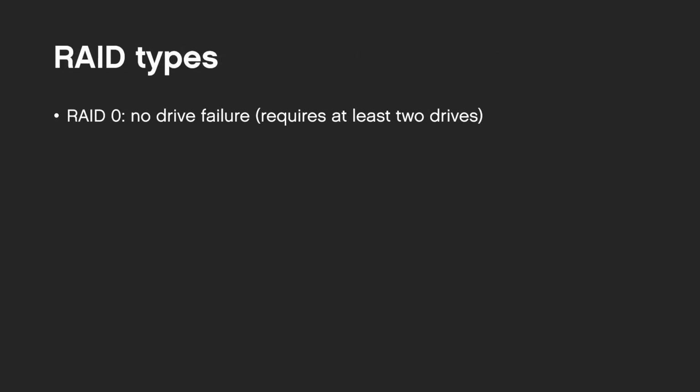All right, so let's look at some of the RAID types. There's RAID 0. What I put next to RAID 0 here is how many failures you can handle without losing data. Unfortunately, with RAID 0, if any of those drives fail, you lose everything.